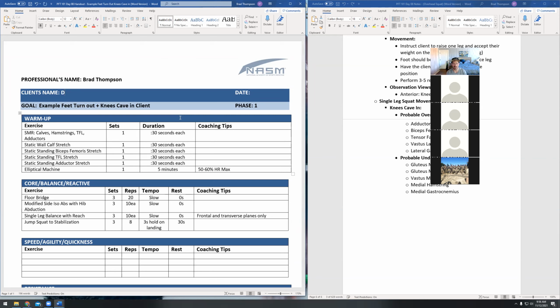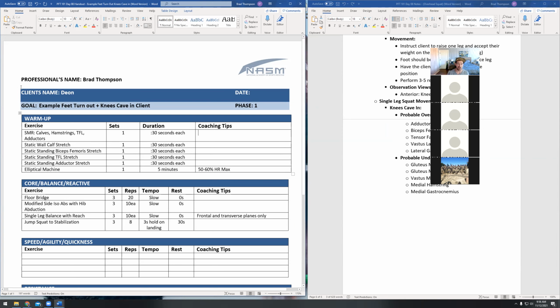We'll use Dion as an example, just because we know this is what we're working on, right? And so we see the feet turning out and the knees caving in. Now, if I've got him starting in phase 1, we're going to start in what we call the stabilization level, which is going to be a lot of exercises that are really focused on fixing posture imbalances and addressing the right muscles at the right time.